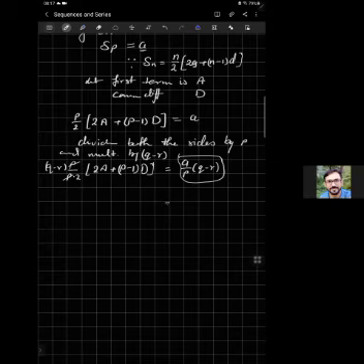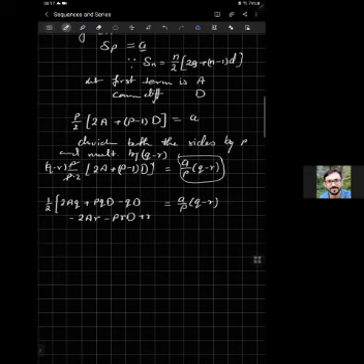Now what I could write, A upon P, Q minus R is 1 by 2 into 2AQ plus PQD minus QD minus 2AR minus PRD plus RD. Sorry, D is capital.